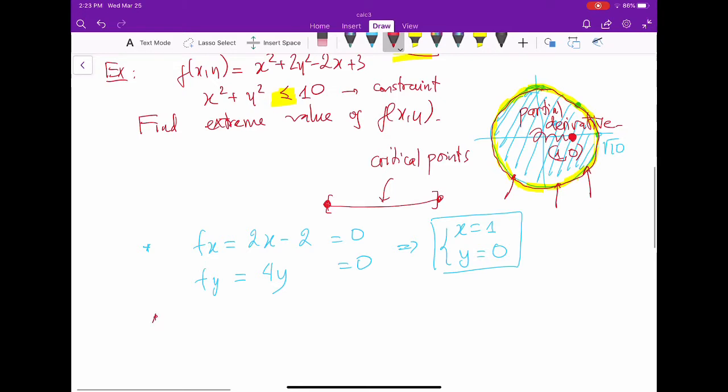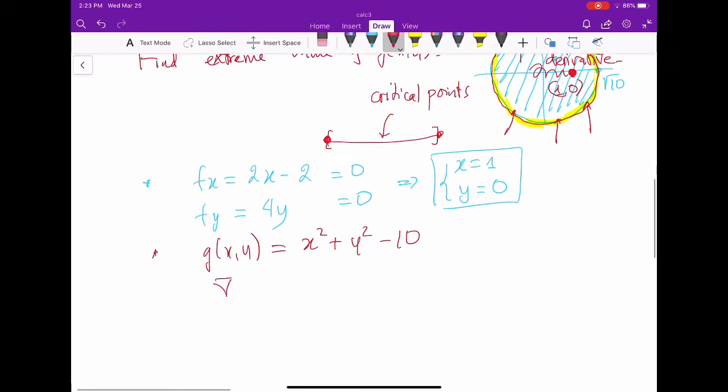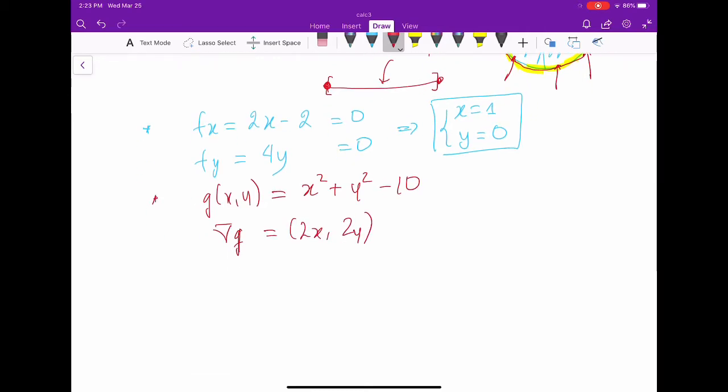We need to have the function g(x, y), that is x squared plus y squared minus 10. And you calculate the gradient of g, which is 2x and then 2y, and then you set the following equation: gradient f equal to lambda gradient of g.